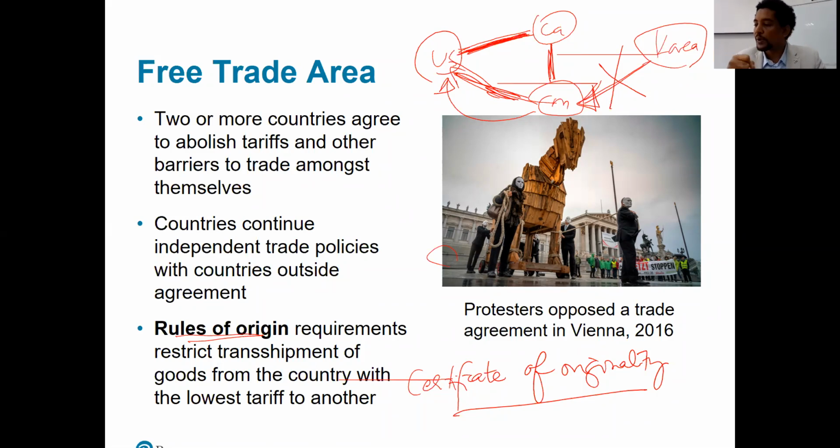This is to prevent products imported from other countries from being exported to other countries duty free, okay? As you've said, if Mexico signed an agreement with the US and Canada, then the products should have their certificate of originality.